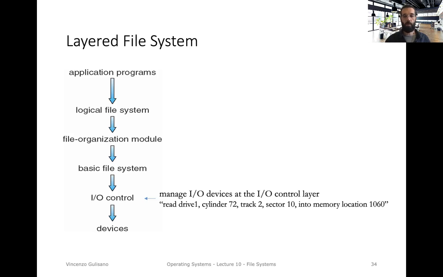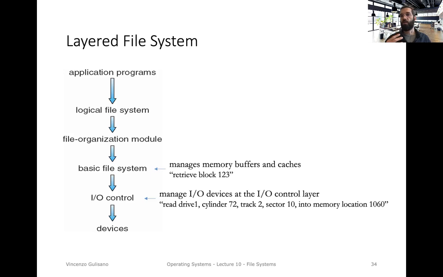This is, of course, for allocating disk. It doesn't apply to an SSD, but it's the very low-level I/O layer that speaks basically the language of the device. On top of that, you have the basic file system, so-called basic file system.